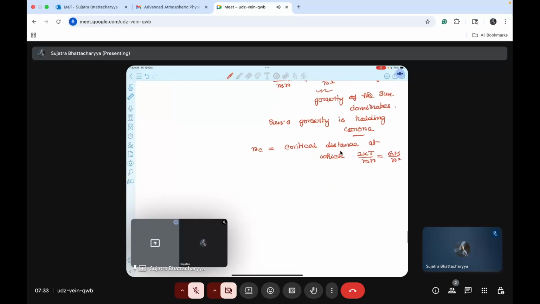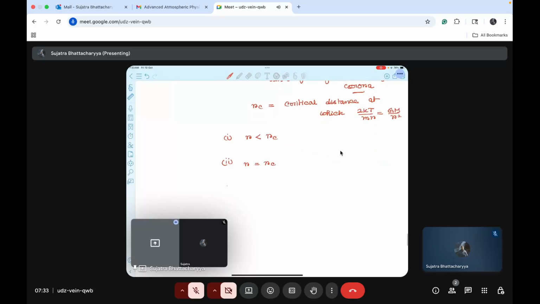So there are three cases. One is when r is less than rc. Second is when r is equal to rc, which is the critical distance. Third is r greater than rc. These are the three different cases.